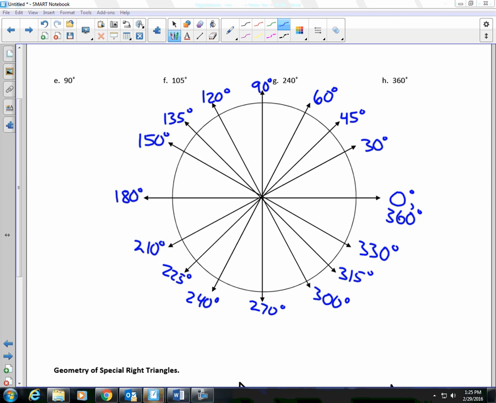Okay. So we live in the world of degrees. We want to be able to divide that up into radians. For those of you who weren't here on Friday, and even those of you who were, let me show you a really easy way to think about radian measurement.